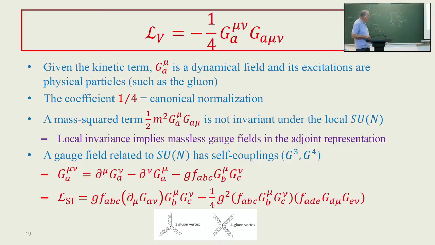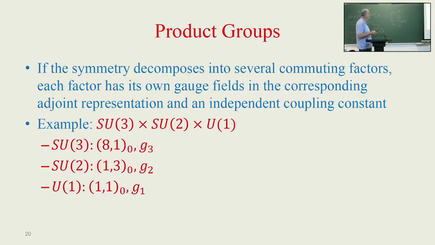So vertices like this, there was nothing like that for the photon, and vertices like this, there was nothing like that for the photon, but the gluon, or the vector field in the adjoint representation of SU(N), does have such self-interactions. It's interesting phenomenology, it's interesting for confinement, asymptotic freedom, other things that you may have heard the names of. We'll come to them a little bit later.